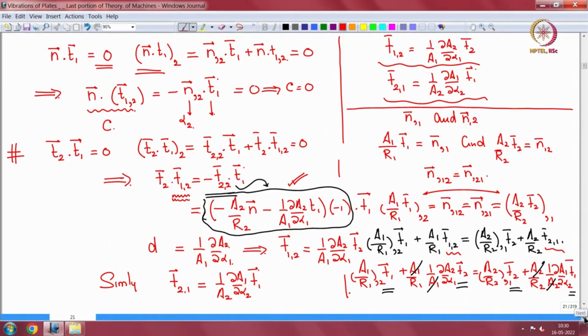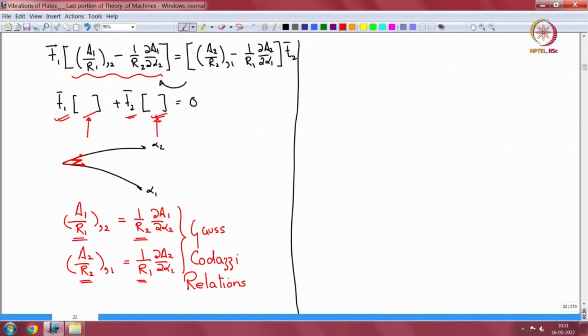Okay. So, the route will be, we will derive T11 and T22, that is T1 comma 1 and T2 comma 2, using T1 comma 2 and T2 comma 1, but these are derived using a different route, different method.